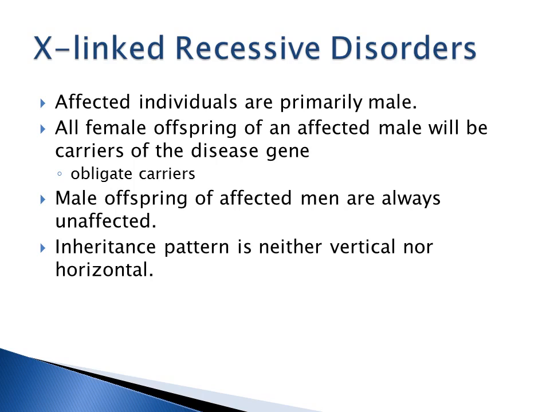The next disorders we're going to discuss are X-linked recessive disorders. So in these disorders, the affected individuals are predominantly males. All female offspring of an affected male will carry the disease gene. So these are obligate carriers. The male offspring of affected males are always unaffected, and the inheritance pattern is neither vertical nor horizontal.